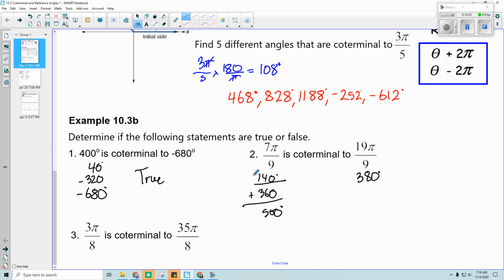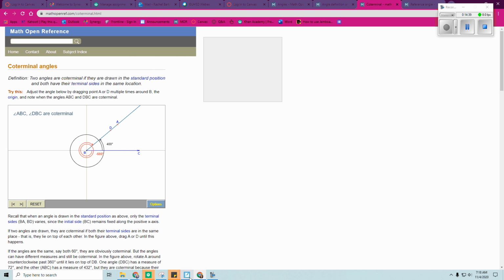So this angle, that's what I started at. I added 360, I got 500. So I'm not going to land on this angle. It's not coterminal to it. I should be able to add 360 and land on this angle. So if we verify that, 140 and 380. 140 was there.